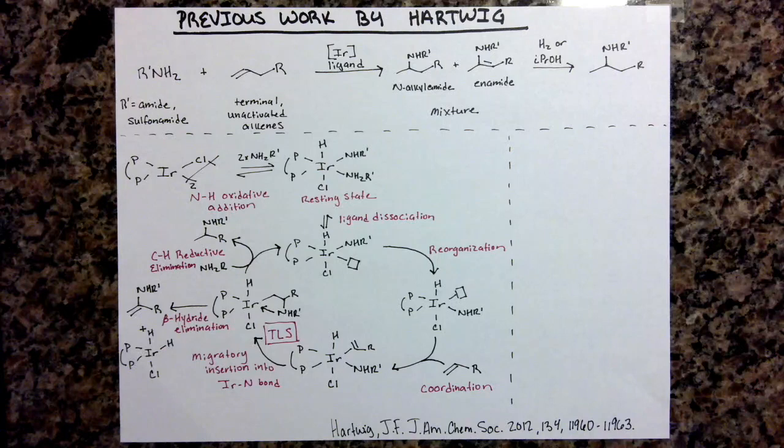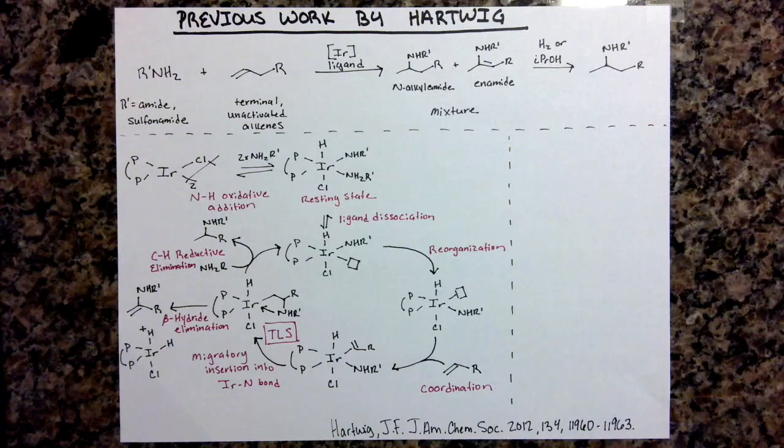So looking at this catalytic cycle and this transformation, they were limited to terminal olefins, which coordinate the iridium. And so as you move to more substituted olefins, they're more unactivated. And so in this transformation, if that step is already the rate limiting step or the turnover limiting step in the reaction, the migratory insertion of this alkene to the iridium nitrogen bond, moving to a 1,2 disubstituted olefin will slow that down further.